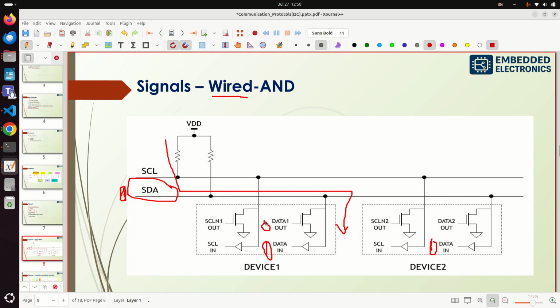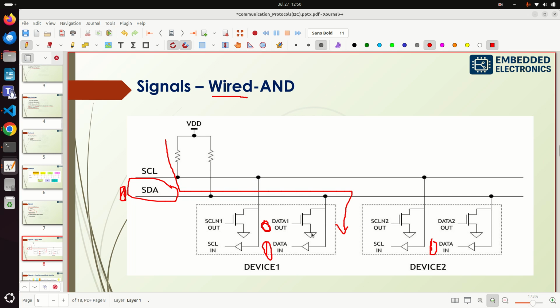But here we transmitted on data out of device 1, while device 2 is not even transmitting. Still it's going to read 0. So whenever devices are reading 0, understand that there is a communication happening. The bus is not idle. Just because of this line the data is turned to 0, isn't it?